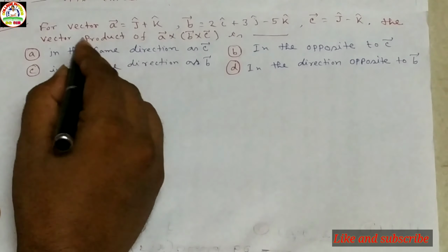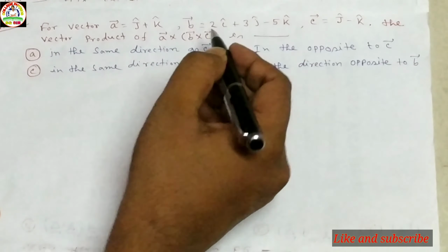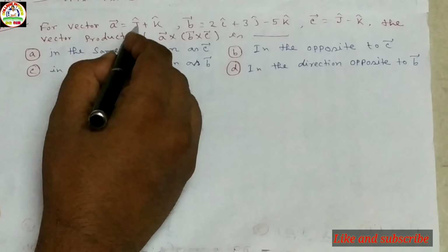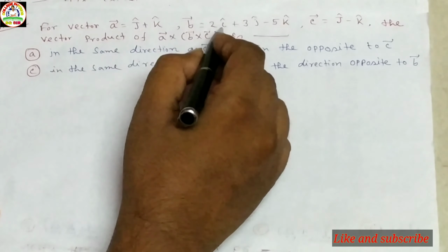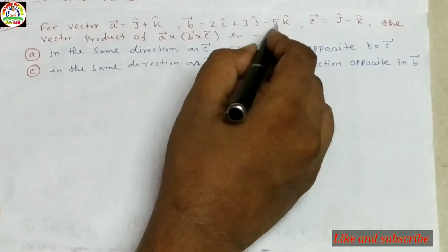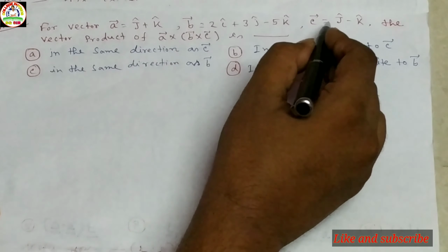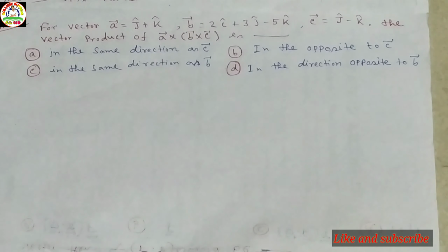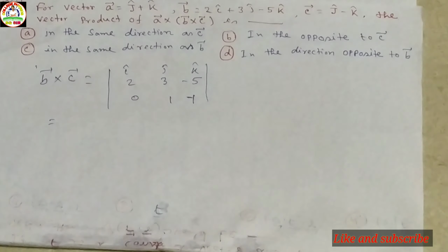Now we calculate A cross B cross C. Here A is equal to j cap plus k cap, B is equal to 2i cap plus 3j cap minus 5k cap, and C is equal to j cap minus k cap.